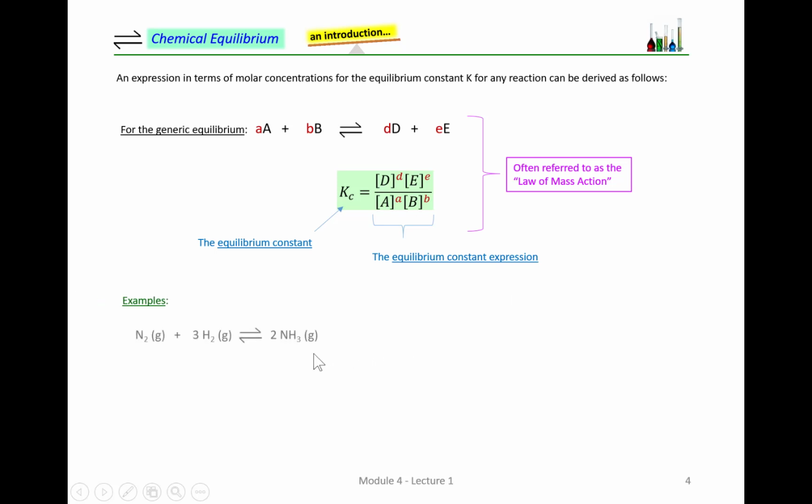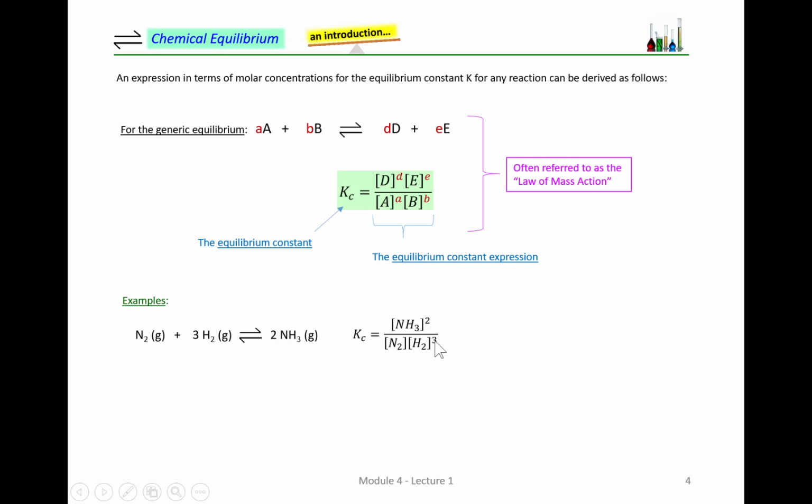Let's look at a different reaction for a second here. This is a reaction that comes to equilibrium: nitrogen and 3 hydrogen molecules in equilibrium with 2 molecules of ammonia. If I asked you to write the equilibrium constant expression for this reaction, you'd say, okay, products go on top, the concentration of products. There's only one product, raised to the power of its coefficient, divided by the reactants.